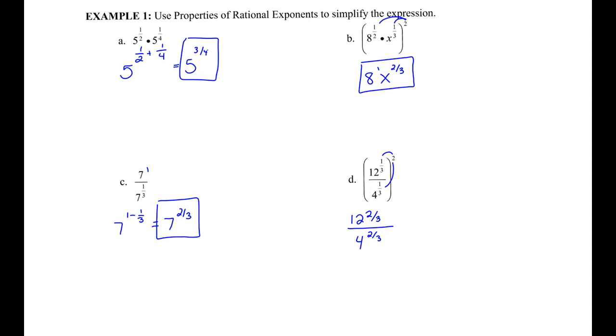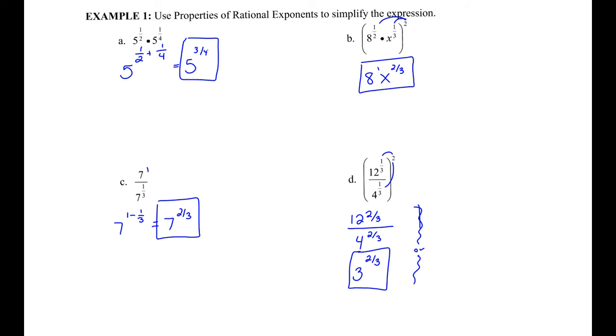And this is where this one could take 2 different approaches for you. Noticing that they both are raised to a power of 2 over 3, you can simplify the base. 12 divided by 4 is 3. So it leaves you with 3 to a power of 2/3.